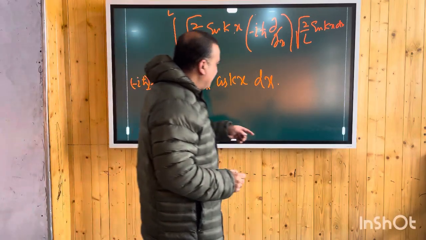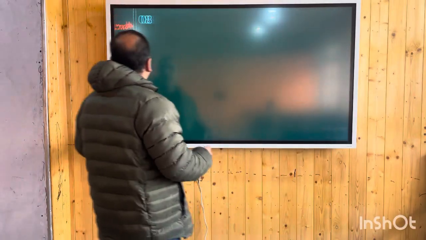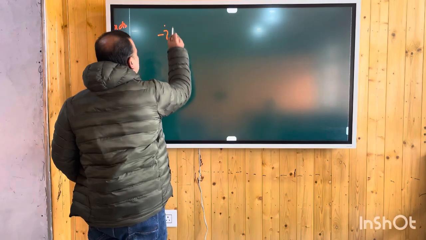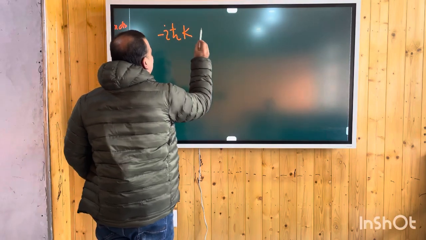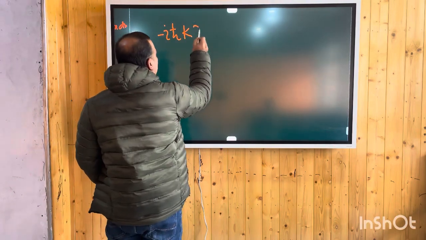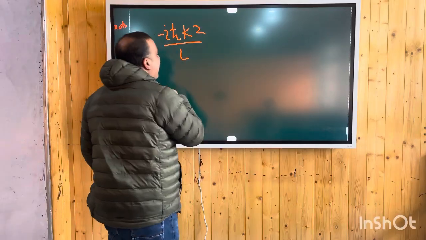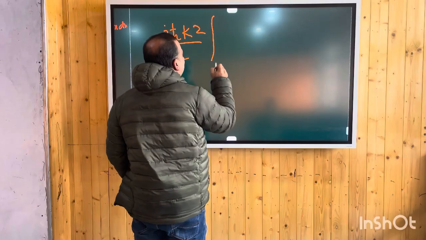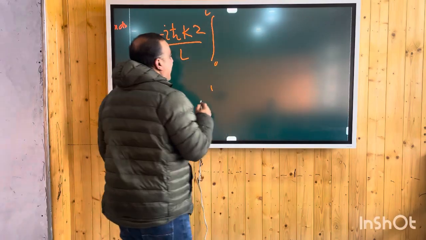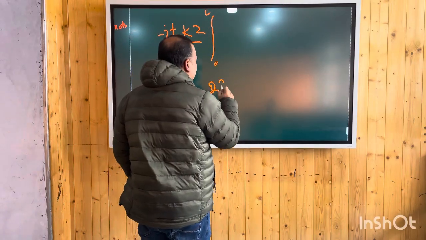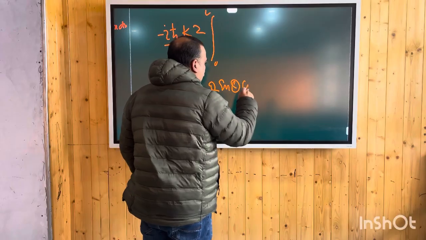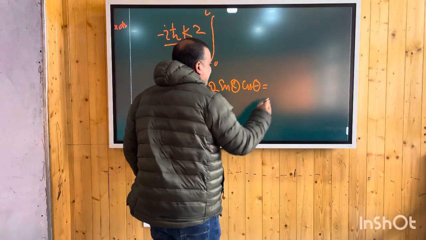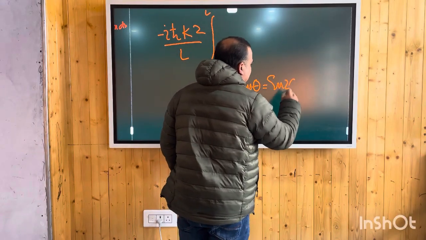Yeah. So here you can see what's outside. This is minus i h bar, K is there, 2 by L is there. And then you will have the integral 0 to L, and you have twice sine theta cosine theta, and that is simply equal to sine 2 theta.